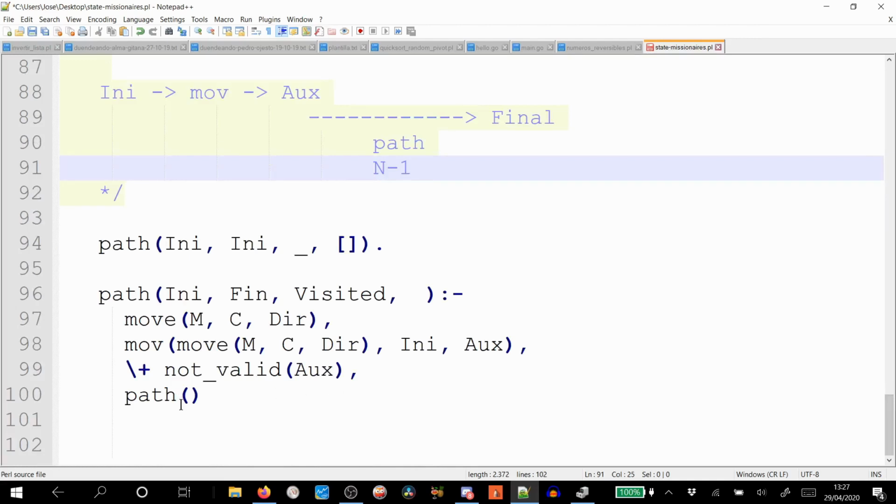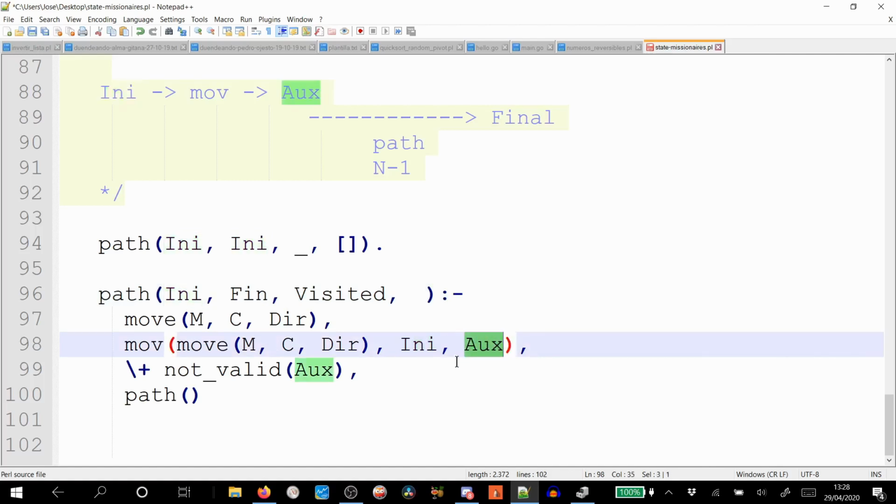Nice. So what do I have to put here? Can you tell me? Is that the final state, or not, Prof? Sorry, I want a path from the initial state to the final state. Okay, I make a movement here from the initial state to the auxiliary state.